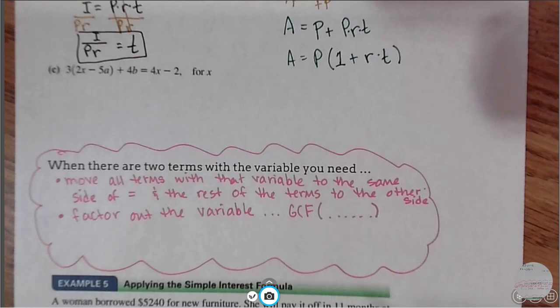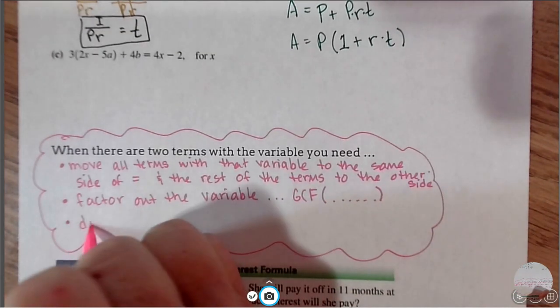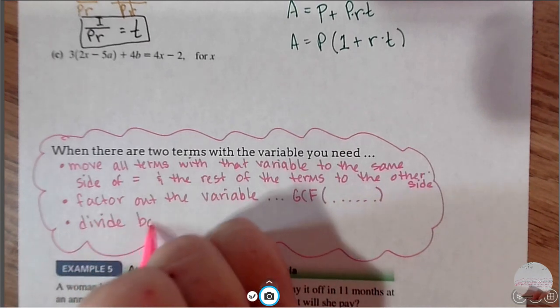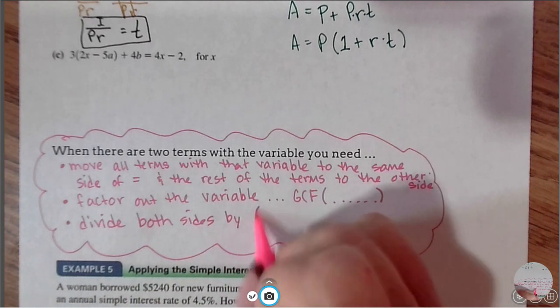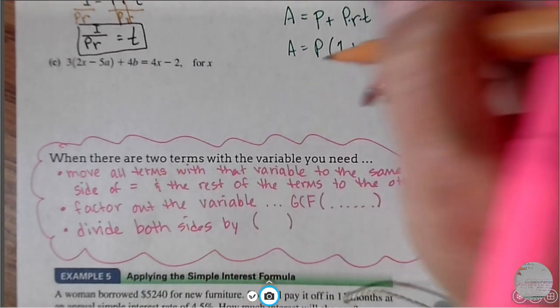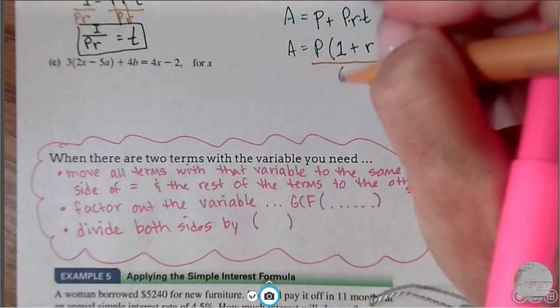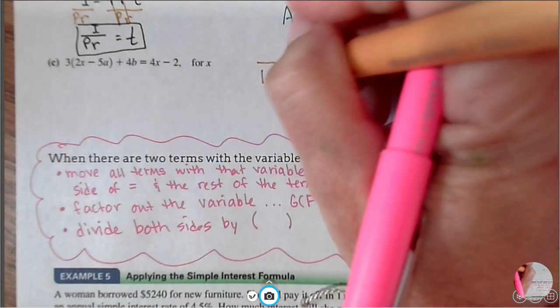So now I've factored out the variable like a GCF, and then the last thing I'm going to do is divide both sides by the parentheses. So I divide both sides of this equation by 1 plus RT.